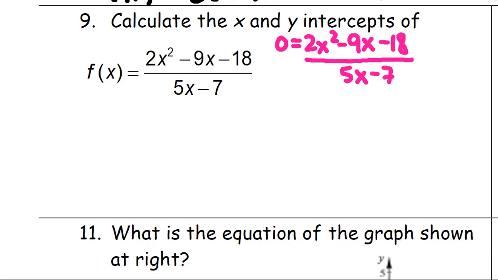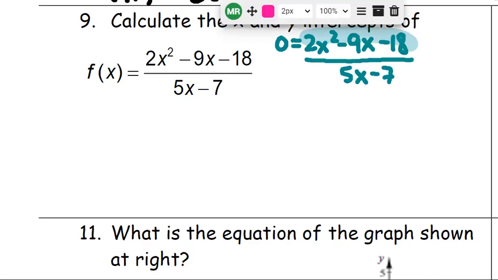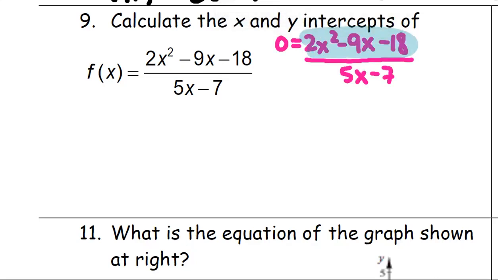Now, in order for this to become 0, what needs to happen is my numerator has to be 0, okay? You can really think of this as putting it over 1, cross multiply, so 0 times 5x minus 7 is 0. And then 1 times 2x squared minus 9x minus 18 is 2x squared minus 9x minus 18. But again, really it boils down to the numerator becoming a 0. The denominator being a 0 would be undefined.